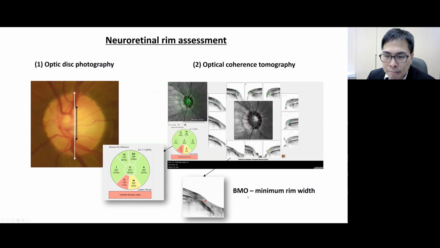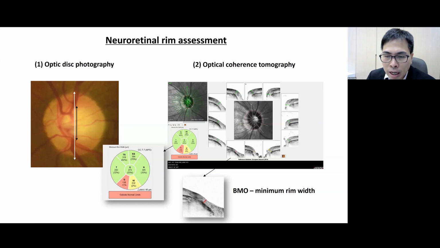We call this BMO, Bruch's membrane opening, which is over here, and it extends from the BMO to the nearest distance to the internal limiting membrane. So this is the definition of minimum rim width. By scanning here 24 radial scans around the optic nerve head, the OCT automatically identifies the BMO and then measures the neuroretinal rim width.